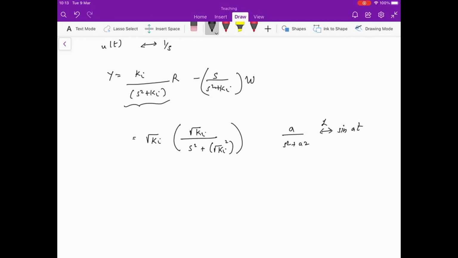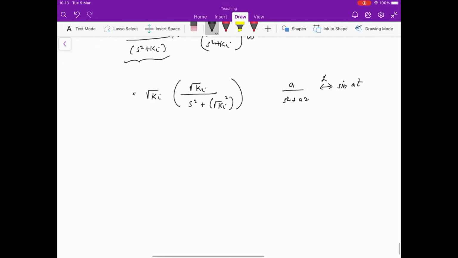So we put it in this form, and then y of t is given by square root ki times sine of square root ki t. And that will be the impulse response of this system when given a delta input.